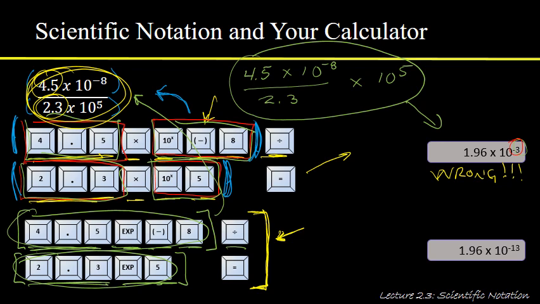So that means our result here should have 2 significant figures, right? So we need to cut it off here after the 9, and we're not truncating, we're rounding. So that's going to go from 1.96 up to 2.0. So the correct answer here would actually be 2.0 times 10 to the minus 13.